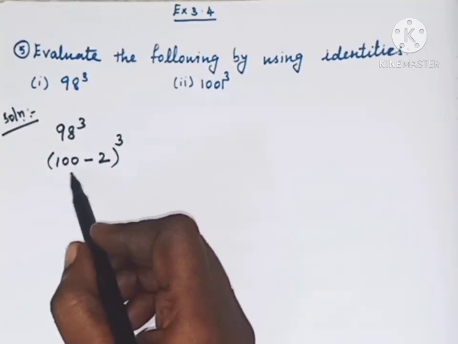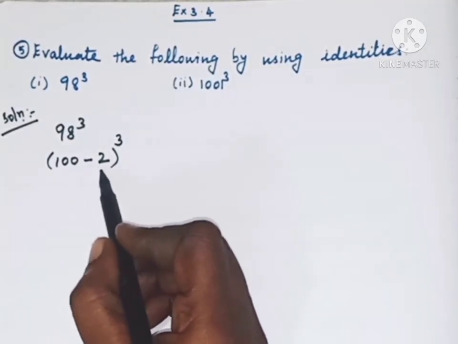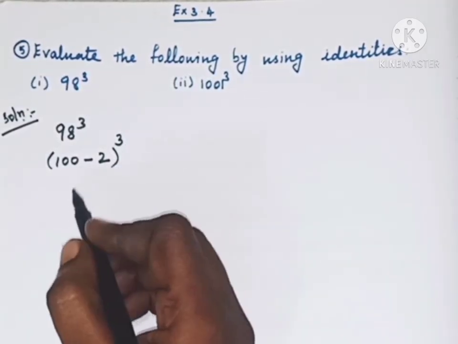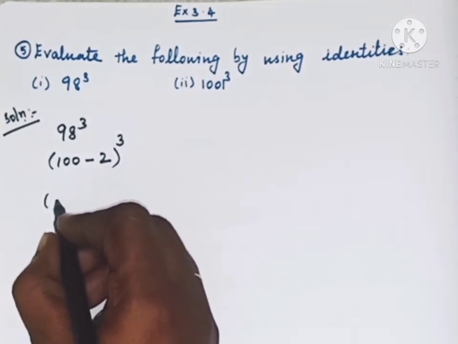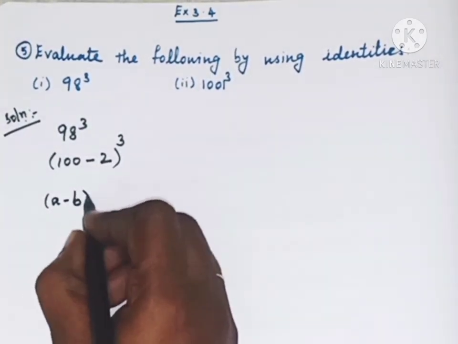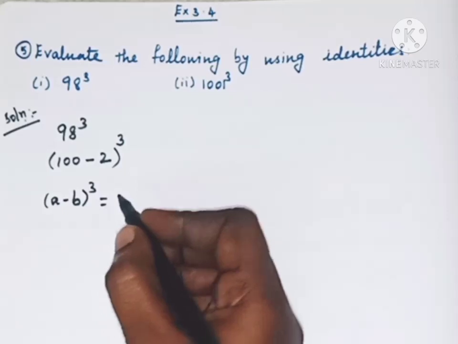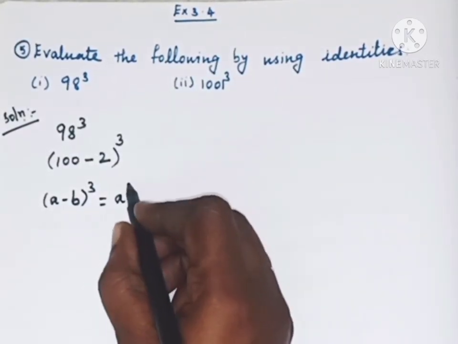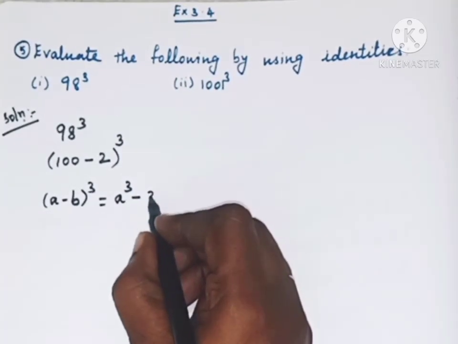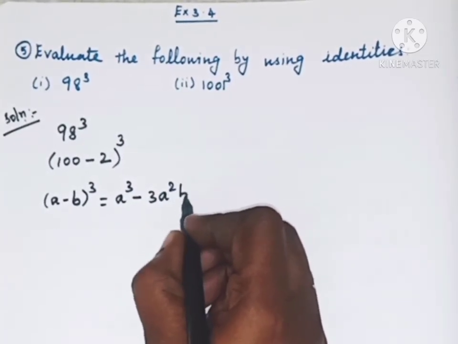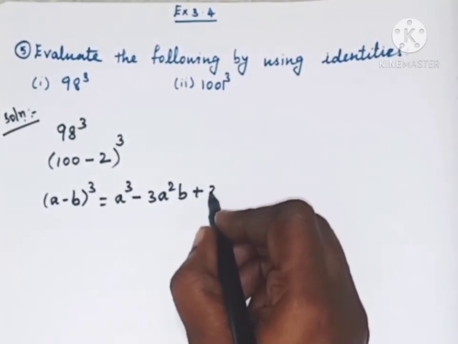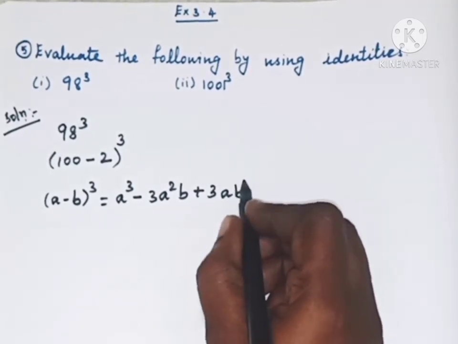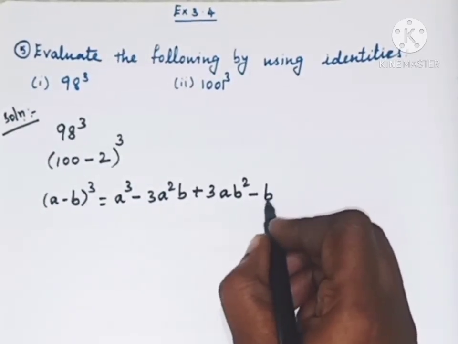Now this (100 − 2)³ looks like the identity (a − b) the whole cube. We know the identity: a³ − 3a²b + 3ab² − b³.